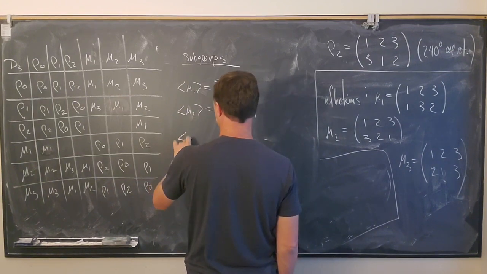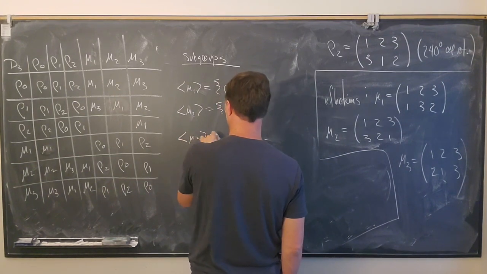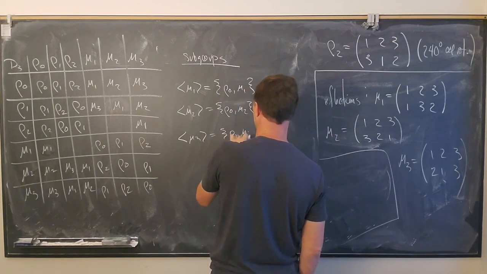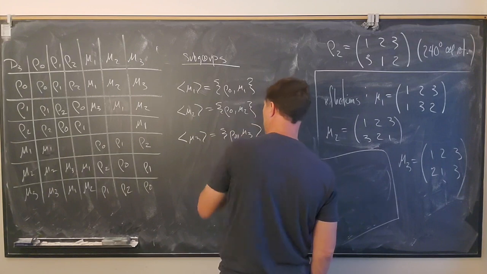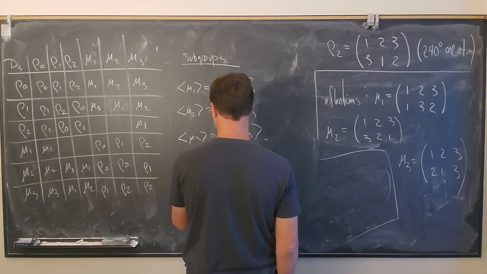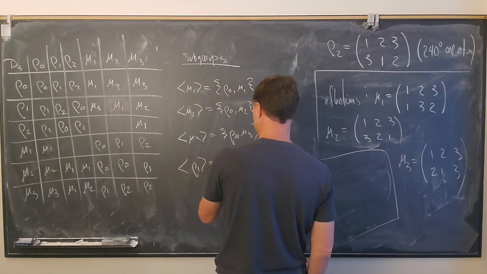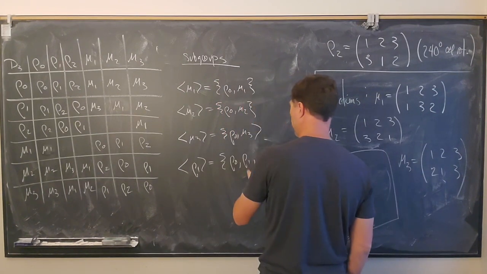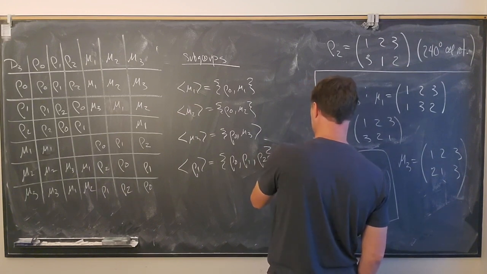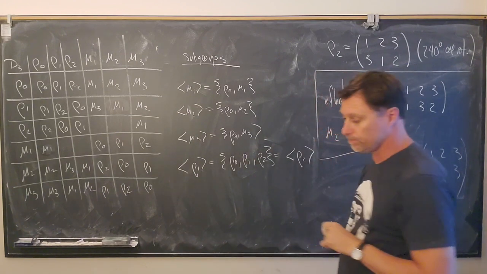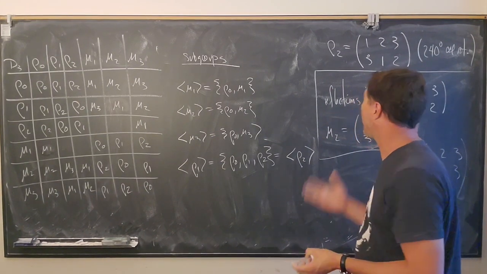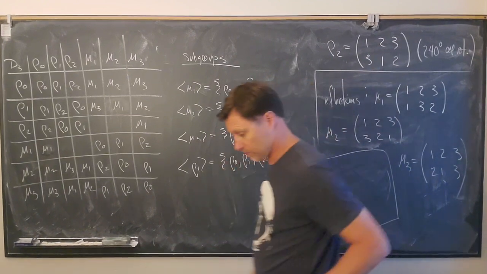There's the subgroup generated by mu3, which is identity and mu3. Then there's the subgroup generated by row 1, which consists of the identity, row 1, and row 2, and it turns out that that's exactly the same as the cyclic subgroup generated by row 2. There's also the trivial subgroup and the whole group, and that's it, right?